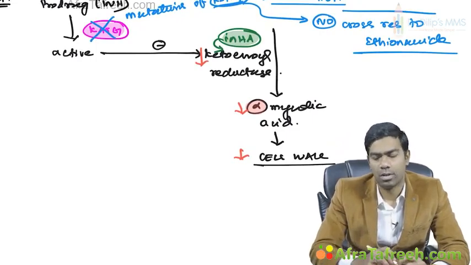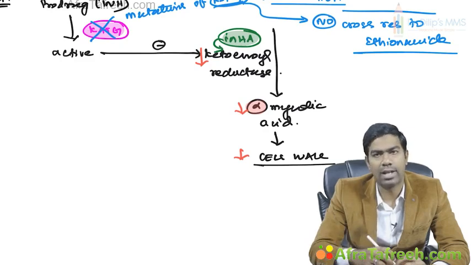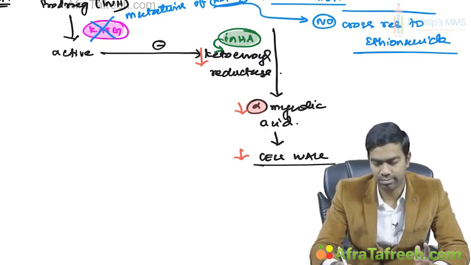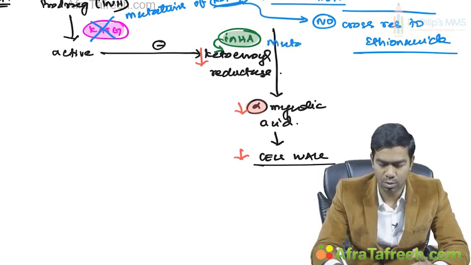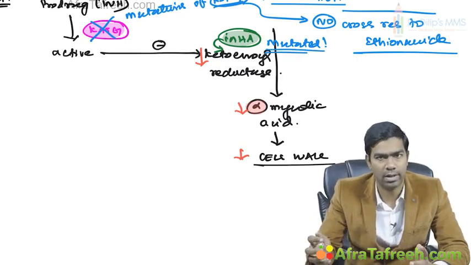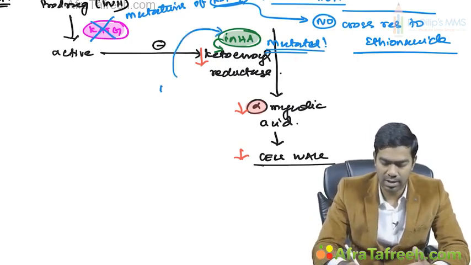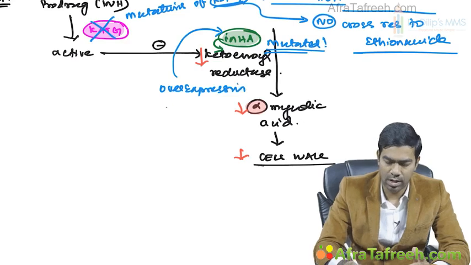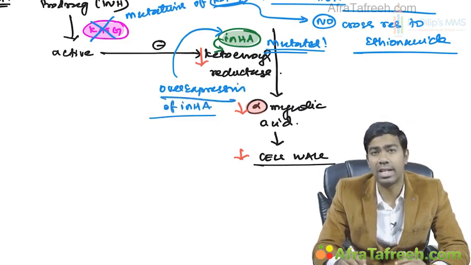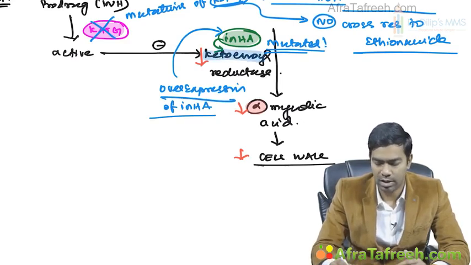Now, what about the problems with INHA? Remember, INHA doesn't usually get mutated, even though some textbooks do give mutated INHA, but I really don't believe it's mutated. But INHA tends to get overexpressed. So there will be overexpression of the INHA gene, which means they are going to produce increased levels of ketoenol reductase.